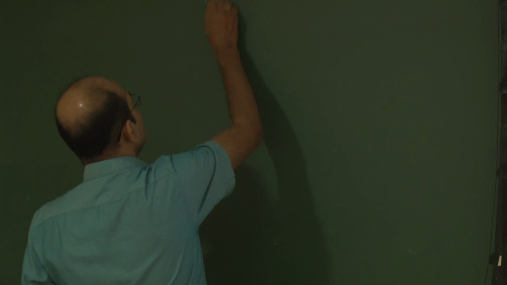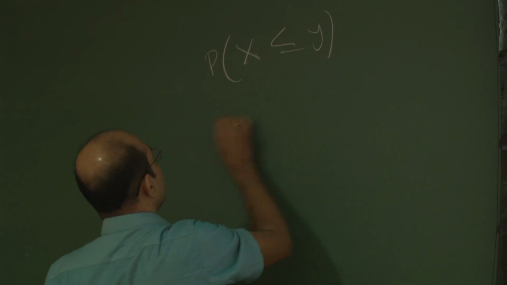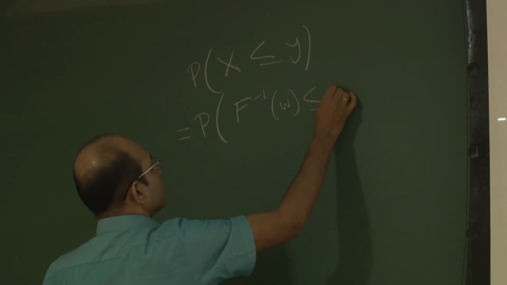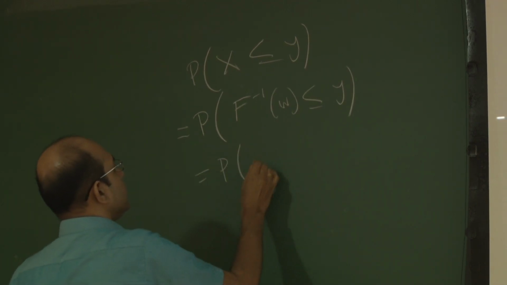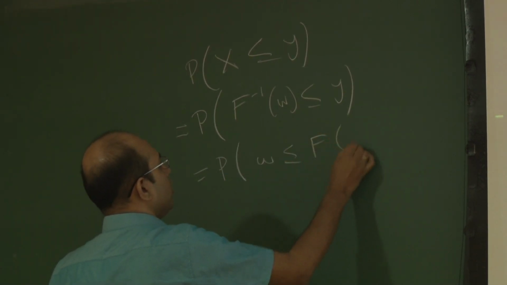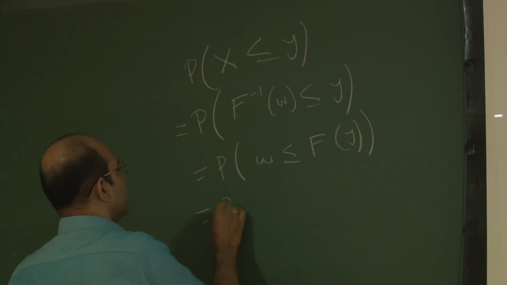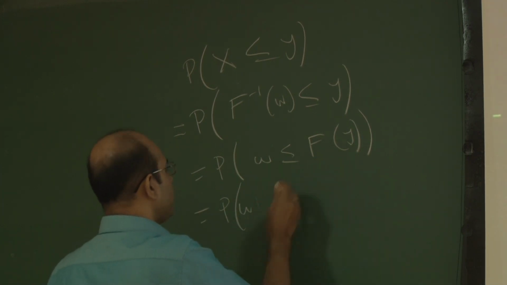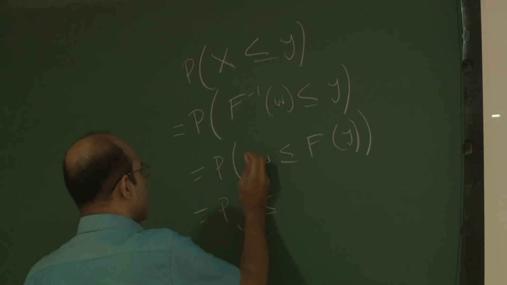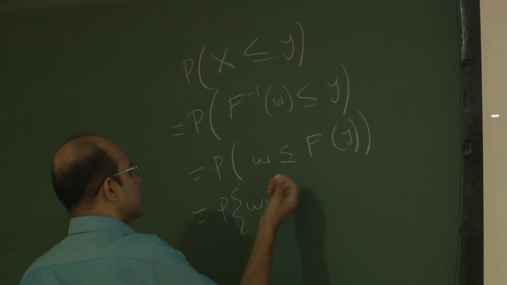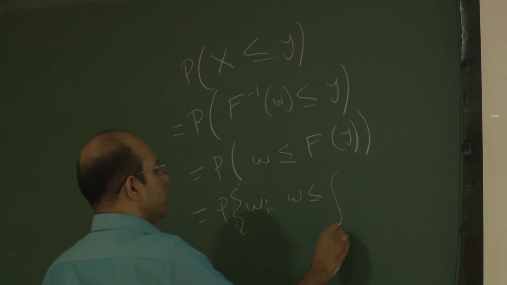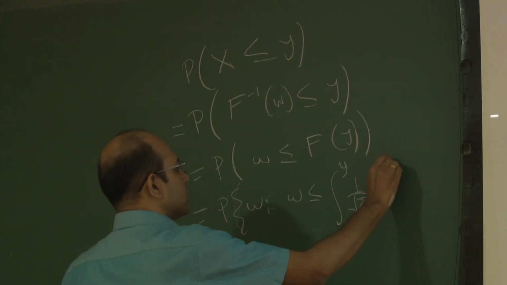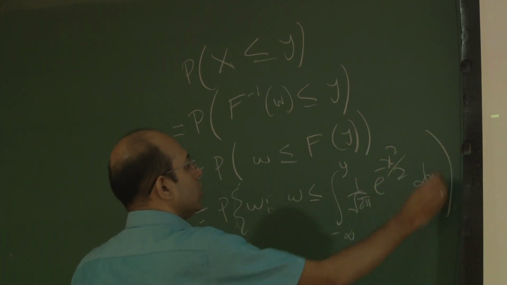So, probability X less than or equal to y is the same as probability f inverse of omega less than or equal to y. It is the probability that omega is less than or equal to f of y, which is the probability of the set of all omega such that omega is less than or equal to the integral from minus infinity to y of 1 over square root 2 pi e to the minus x square by 2 dx.